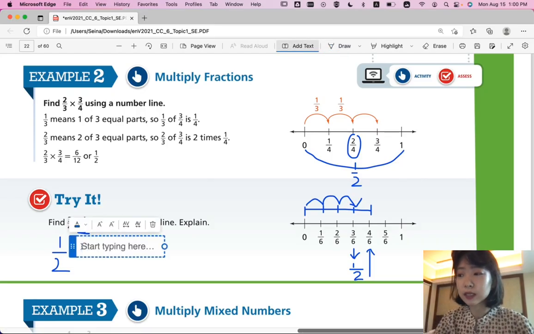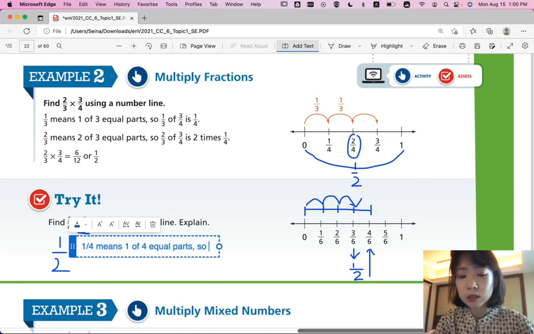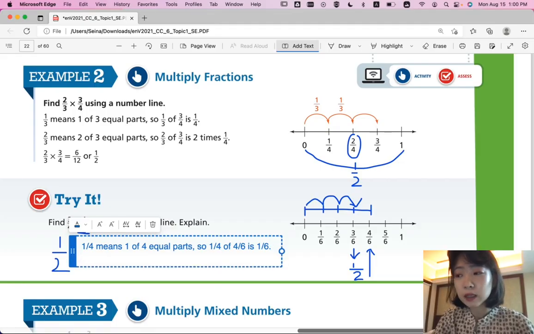So you can say 1/4 means 1 of 4 equal parts. So 1/4 of 4/6 is 1/6. And 2/4 means 2 of 4 equal parts. So 2/4 is 2 times 1/6.